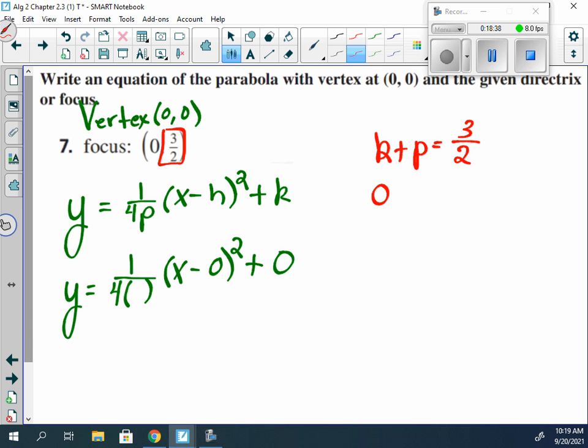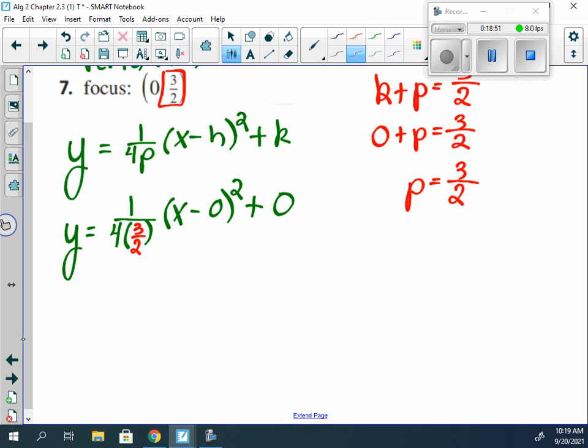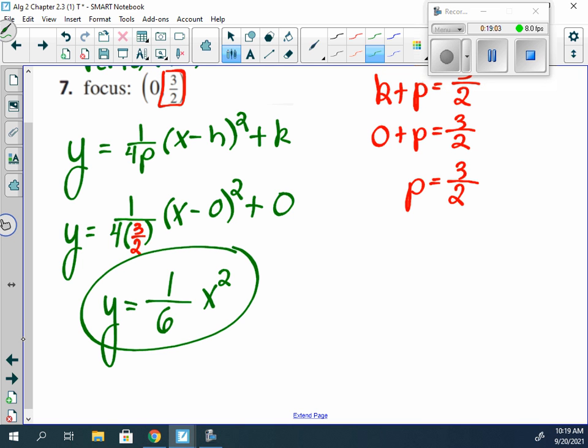So the value of k is 0 plus p is equal to 3/2, so p is 3/2. 4 times 3/2 is? So y is equal to 1/6 x squared. And that's it. Questions on these here?